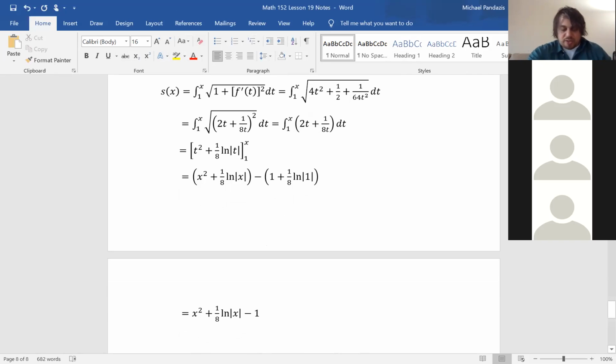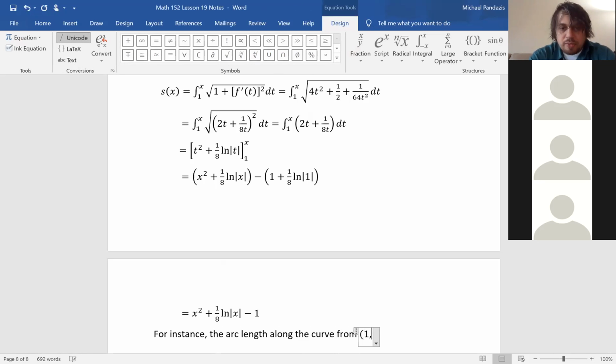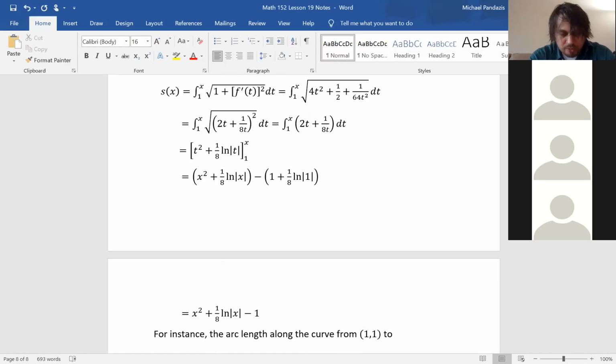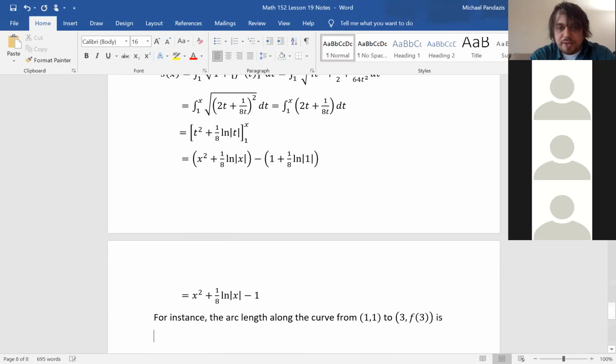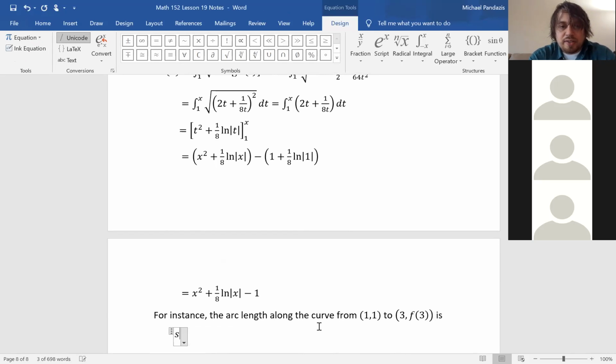And just to finish this, for instance, the arc length along the curve from the point 1, 1 to the point 3, f of 3 would be s of 3, because your starting point is 1, 1.